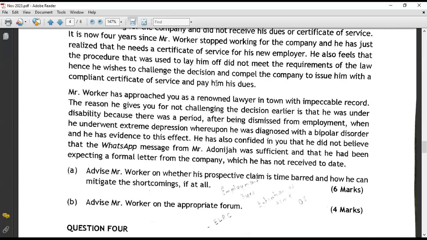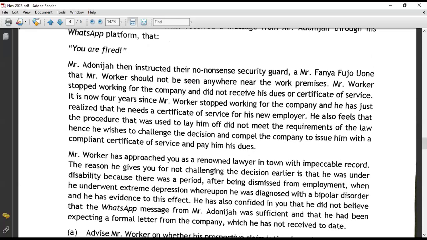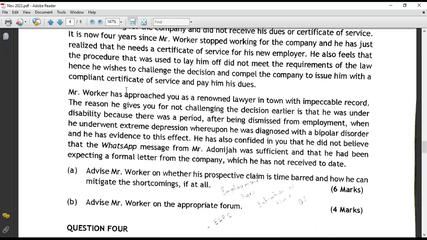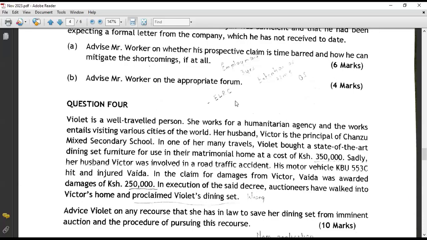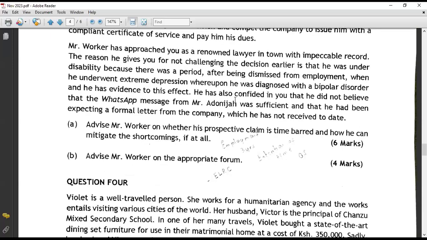That's why he did not challenge the decision, and now he wants a compliance certificate and to be paid his dues. So you are asked whether his claim is time barred, then advise Mr. Waka on the appropriate forum.